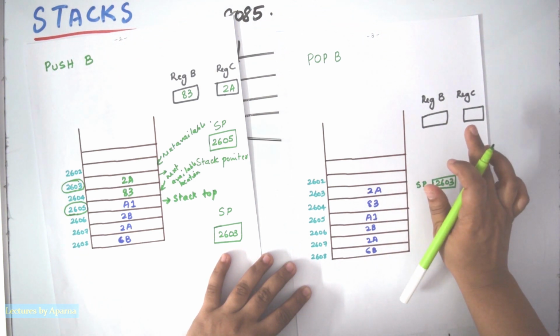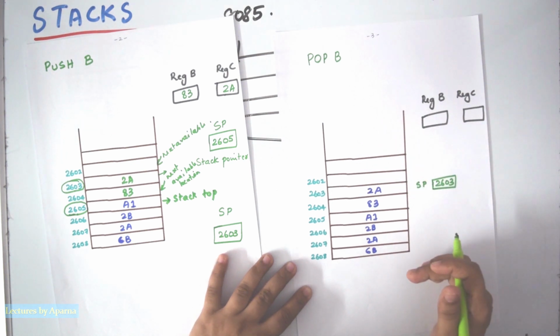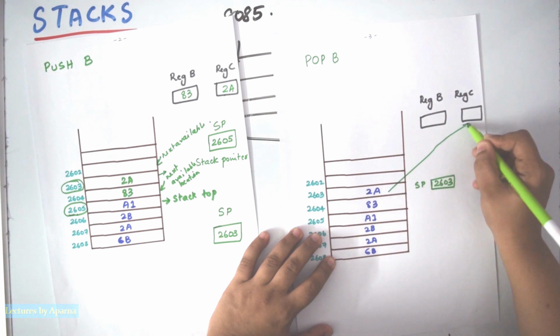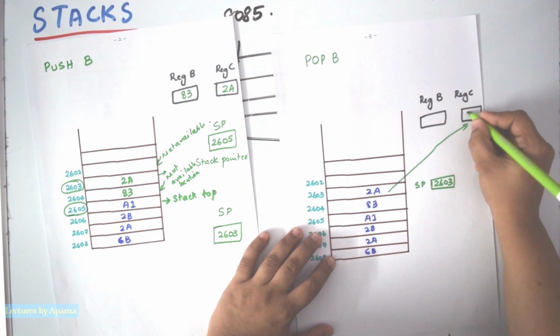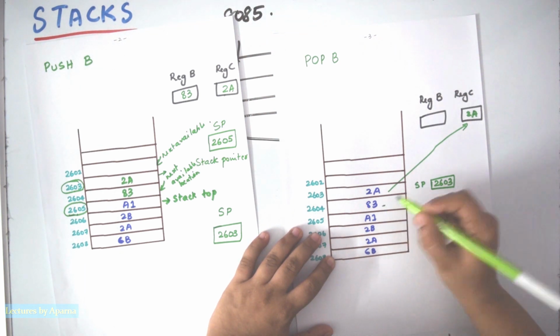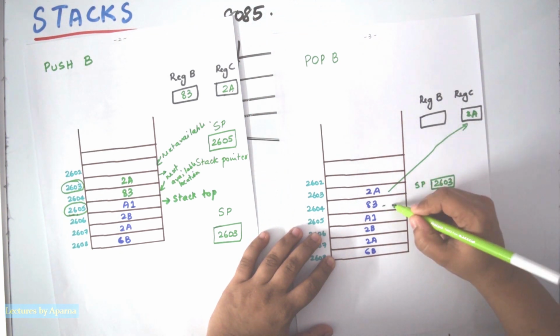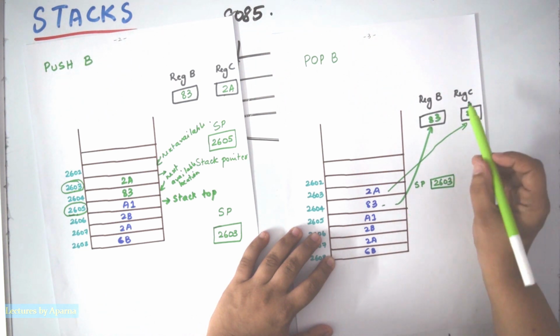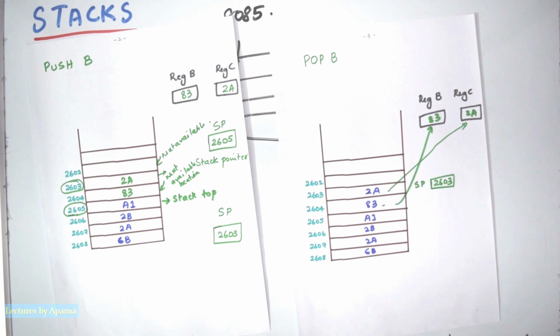Once I execute the pop B instruction, what is happening? 2A will be taken back to register C, and then this 83 will be taken back to register B. So now I get back 83 and 2A.